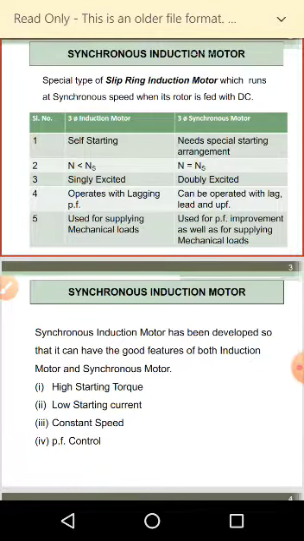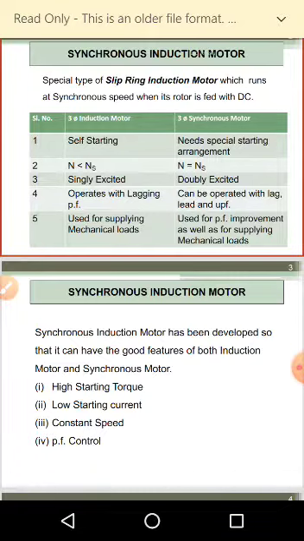An induction motor always operates at a lagging power factor, whereas a synchronous motor operates at lagging, leading as well as unity power factor. So, by varying the excitation, we can vary the power factor of a synchronous machine.